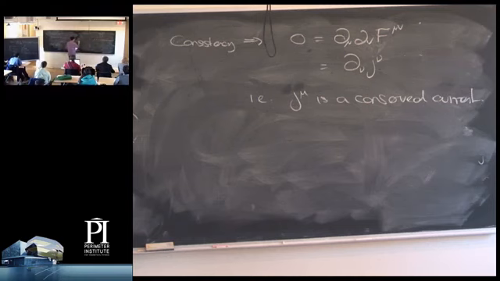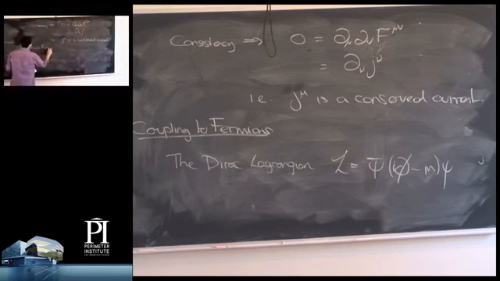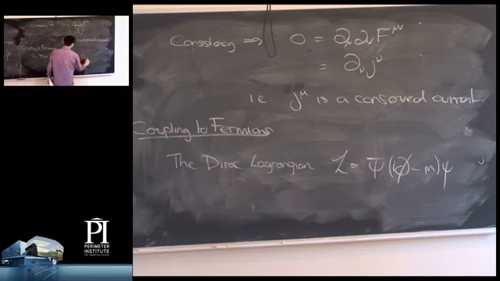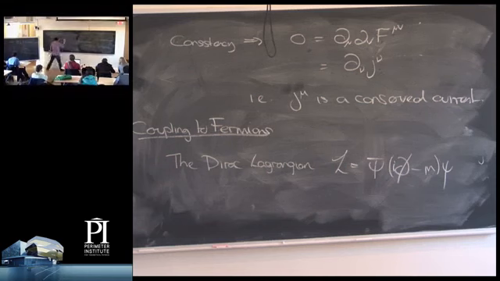Okay. So now coupling to fermions. So this is the Dirac Lagrangian, and we know that this has this nice symmetry, which is basically rotating the phase of psi as a complex field.